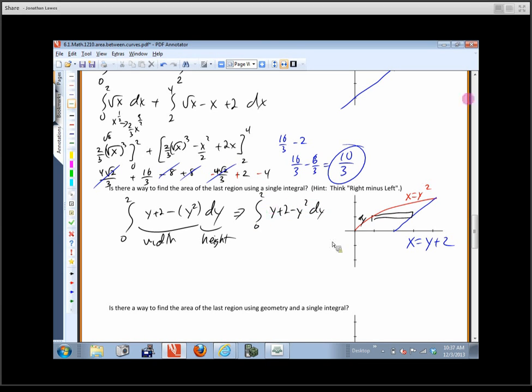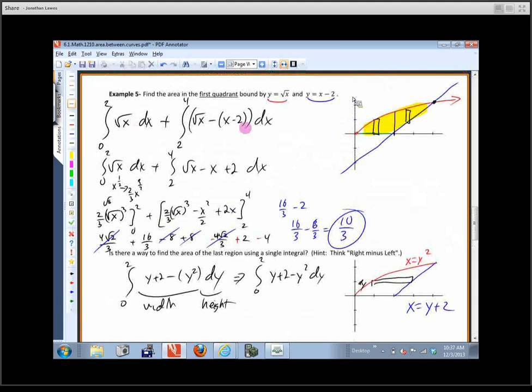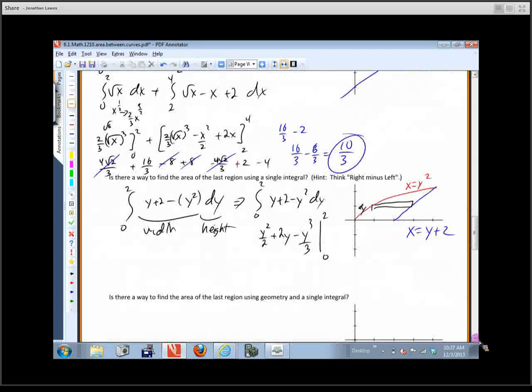Take a look at that and the mess we had before, and think about the integration here. Y squared over 2 plus 2y minus y cubed over 3. And look at this. Power functions evaluated from 0, that's nice for a lower limit, up to 2.